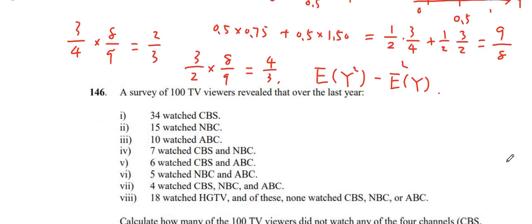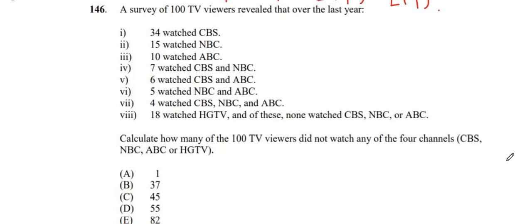Okay, so for this one, we have a 3-factor problem, but like we have 4 factors, so we just use the Venn diagram. We have 3 parts like this.